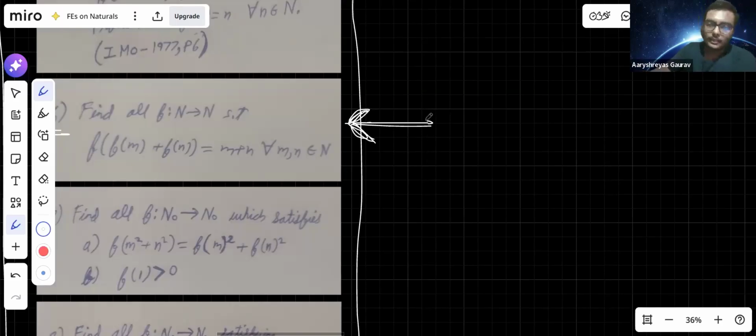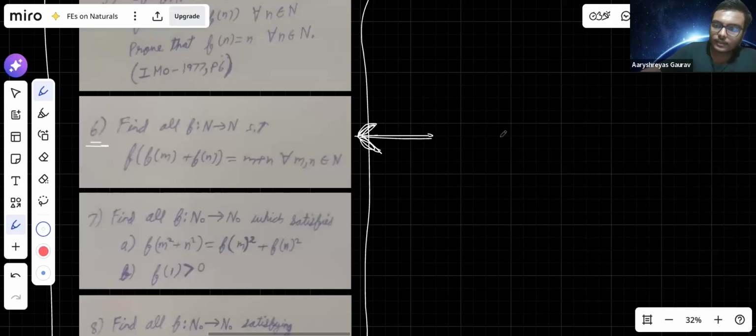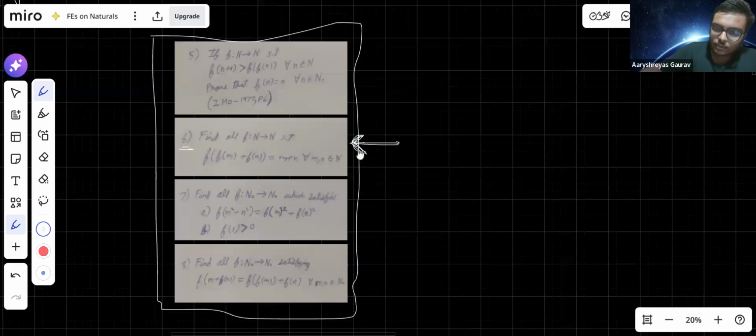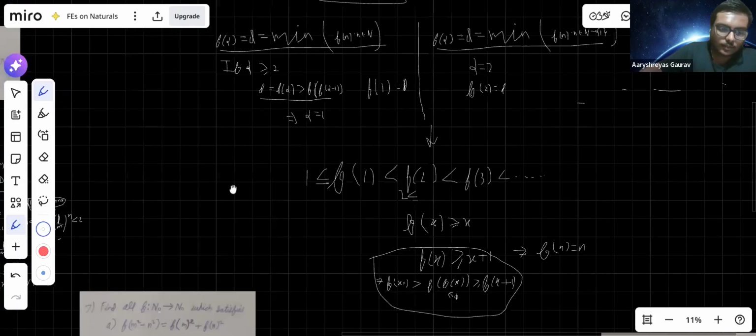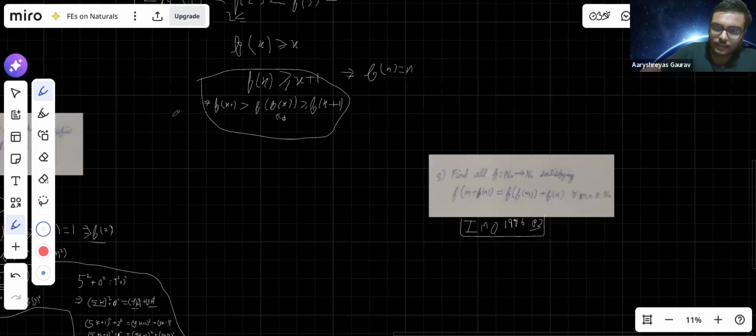Sorry, not induction. I will need to tell you what injectivity is, so I will tell it for this problem 6. You can continue to attempt this problem 8. Where was it? Yeah, here you go.